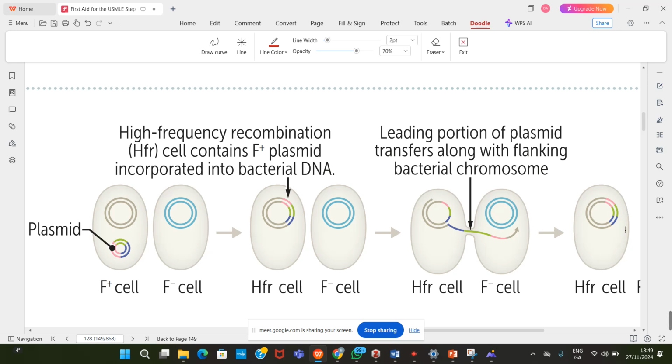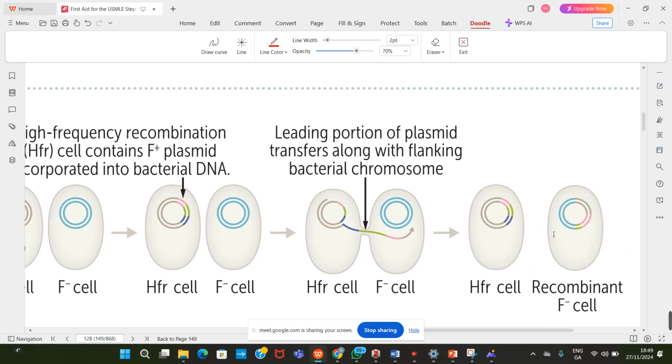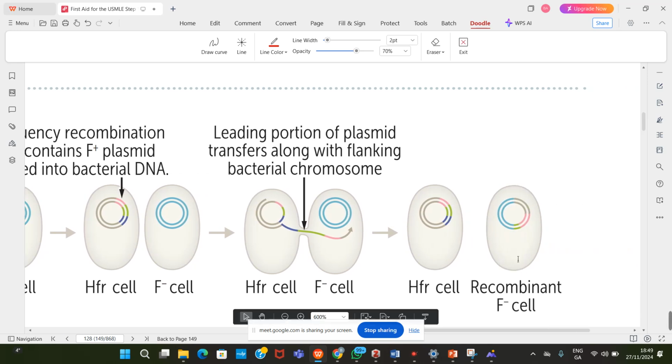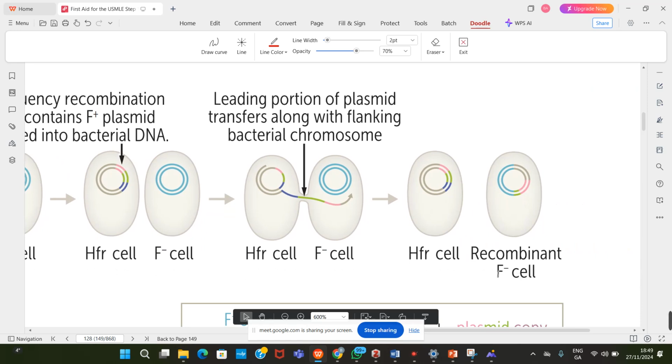Because it is only the leading part of the plasmid that is leaving, it is not going to be able to duplicate that plasmid to form a whole plasmid. So the only thing that is going to be dragged at the end of the day is just the bacterial chromosome. So that new cell is going to be a recombinant cell, but it's going to be F negative because it will not contain a plasmid.